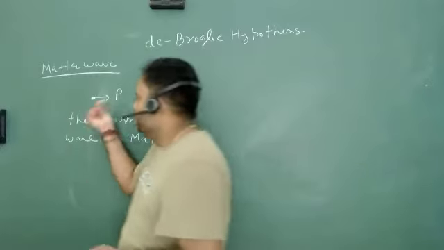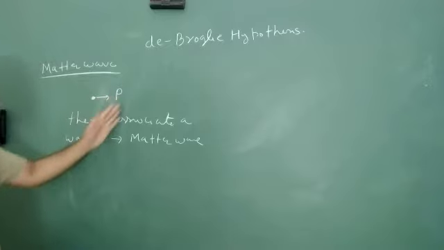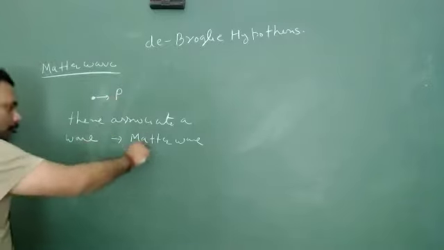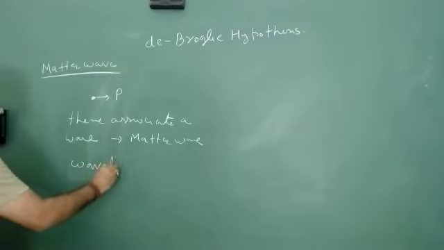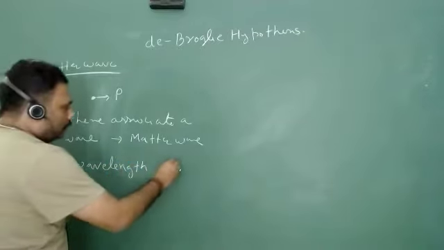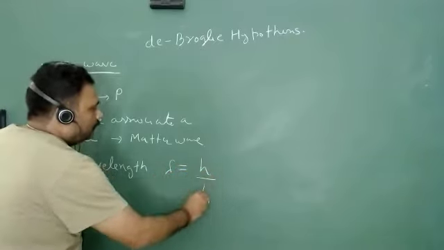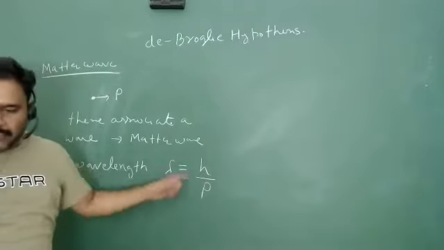So what he said is, if there is some particle which is moving with momentum p, then there is an associated wave, which is known as matter wave, and the wavelength lambda can be given by h upon p.